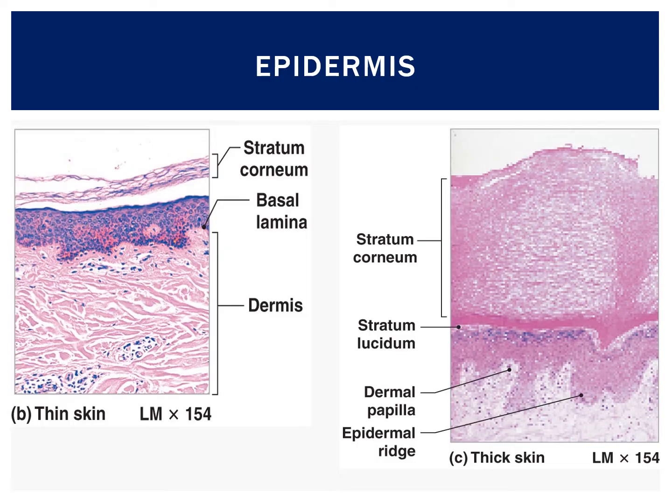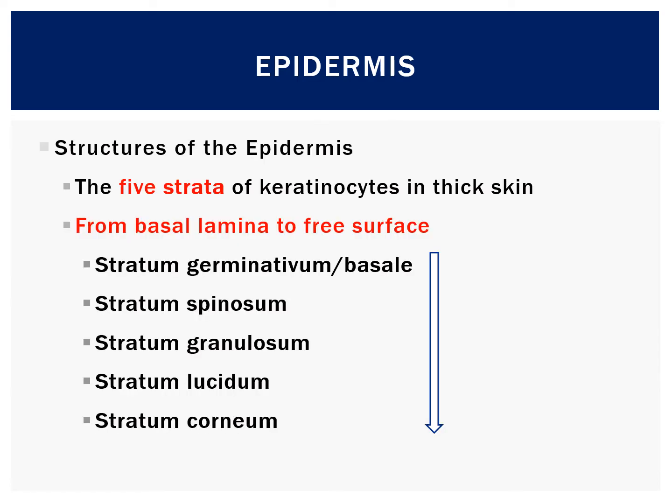The 5 strata of keratinocytes, from the basal lamina to the free surface, are in this order: stratum germinativum, followed by stratum spinosum, then stratum granulosum, next stratum lucidum, and the upper layer is stratum corneum.